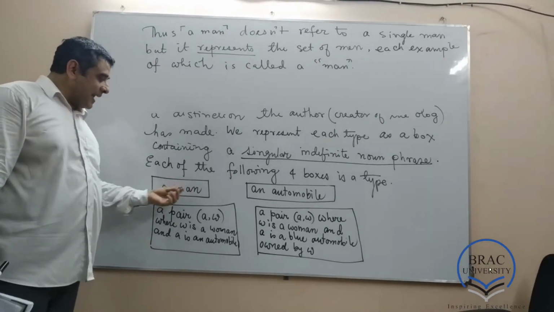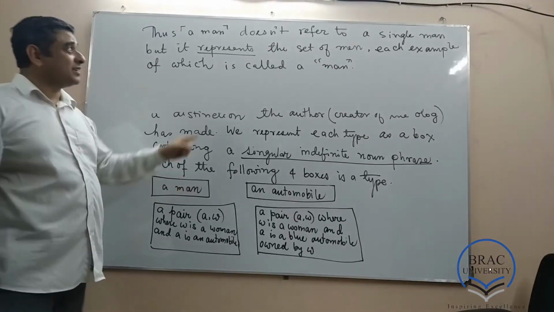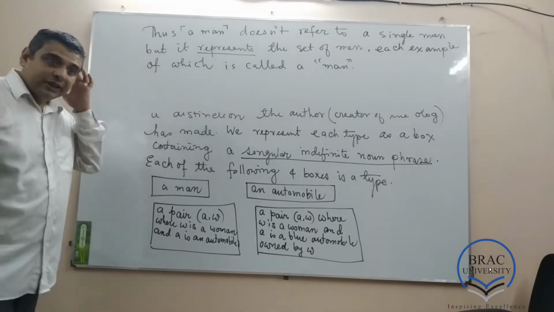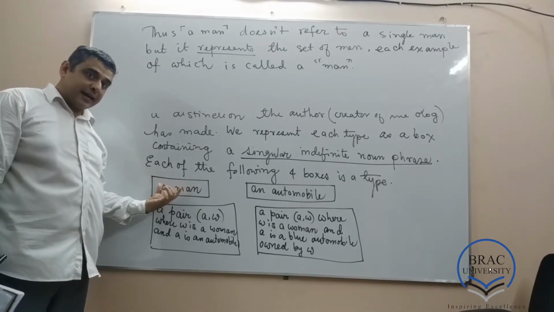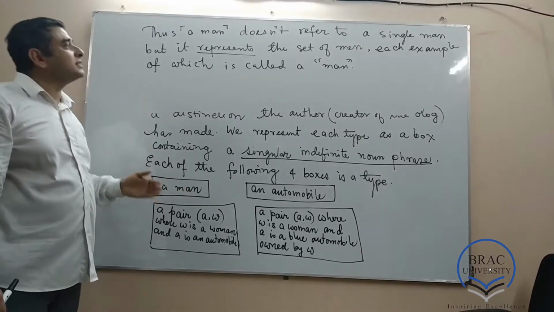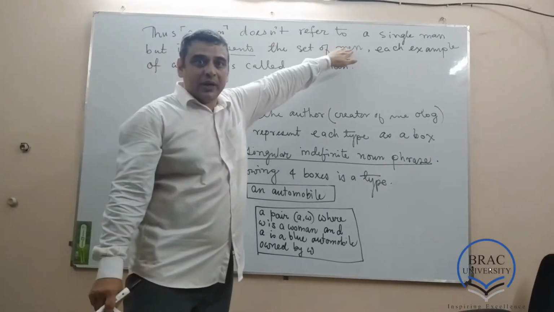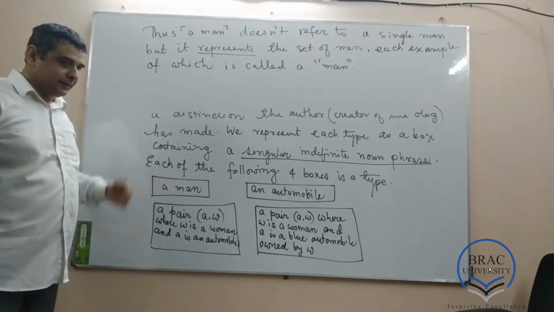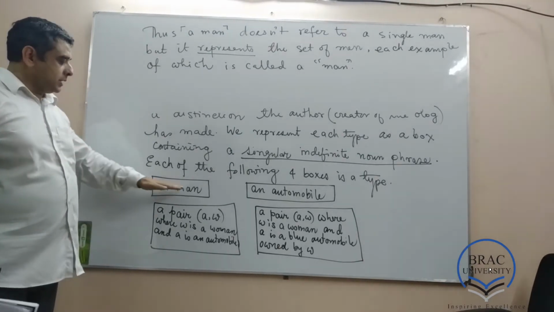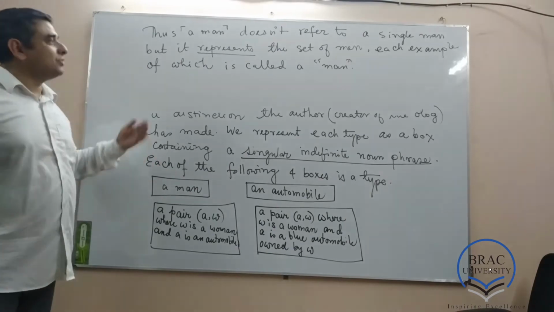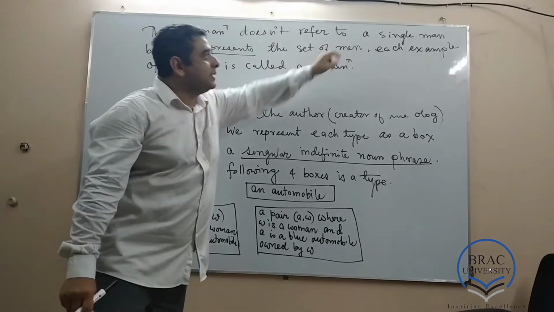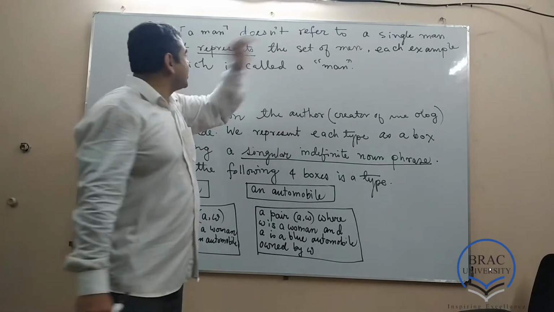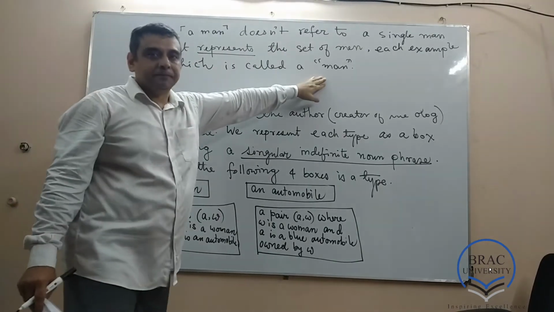It does not mean that this box itself is the set of men. This is the subtle thing happening here. It is not the set of men, but it represents the set of men. So it is an abstract concept of a man, which represents the set of men, and each example of this set is called a man.